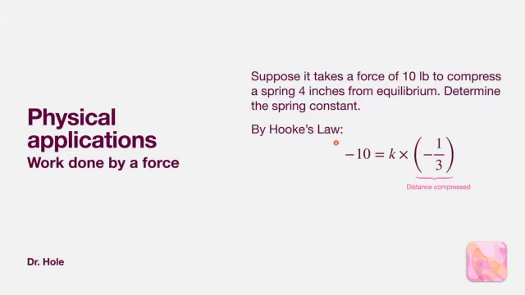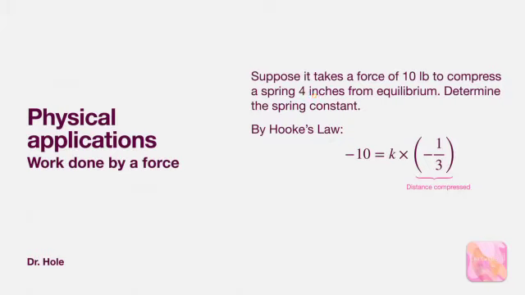So we apply Hooke's law, F equals k times x. We've set F equal to negative 10. As we're compressing the spring, we want to move to the left. And then for x, x is given as 4 inches.